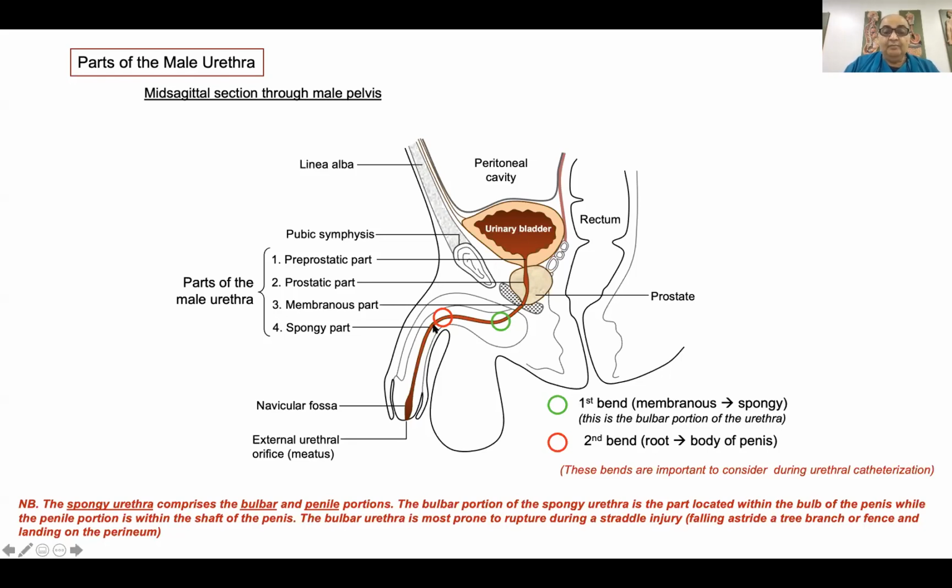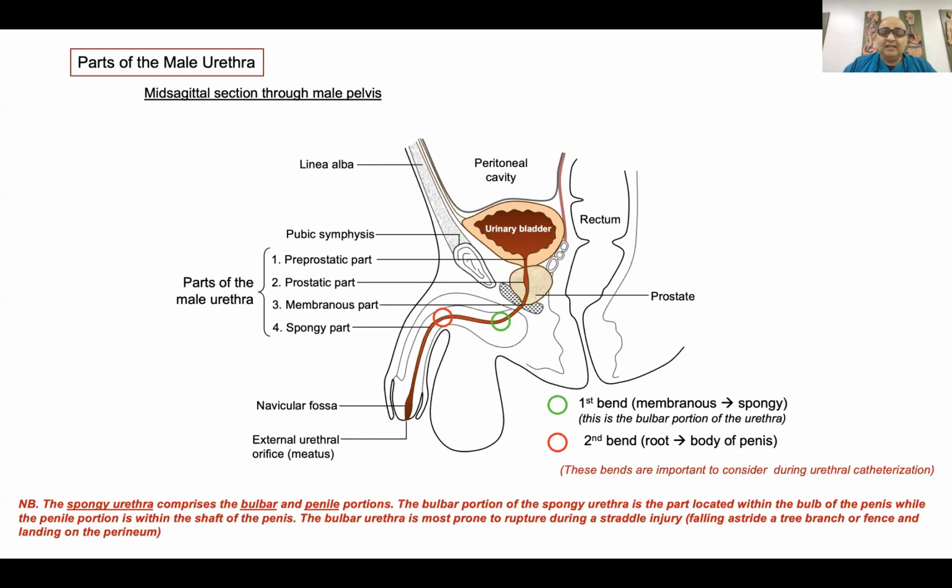This is a really, really important parameter of well-being when someone is sick, in an ICU setup, or critically ill, not a normal situation. So for somebody who is inserting this tube, these two bends should be very clear in his mind, and he should be able to negotiate them. If I forcefully push this tube, I may cause danger, I may rupture it. Remember, the urethra can be ruptured anywhere.